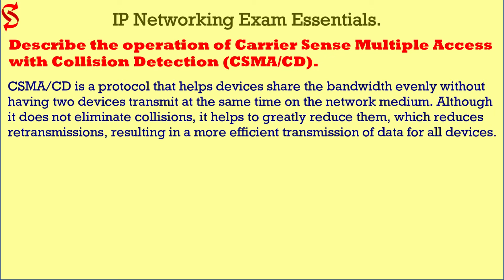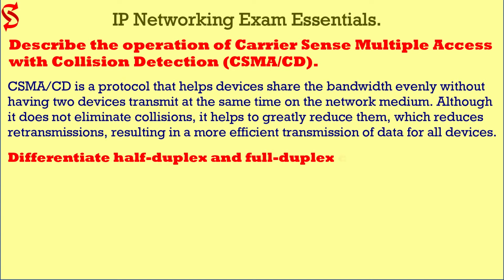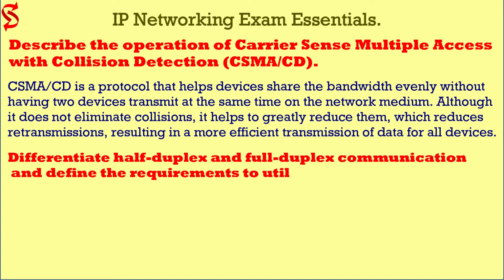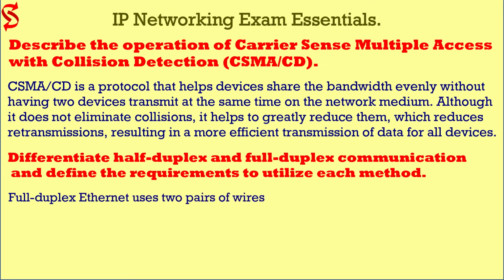The second question is, differentiate half-duplex and full-duplex communication and define the requirement to utilize each method. Full-duplex Ethernet uses two pairs of wire instead of one wire pair, like half-duplex.